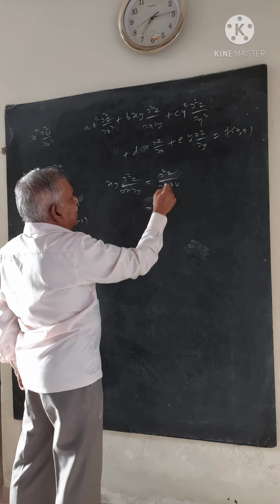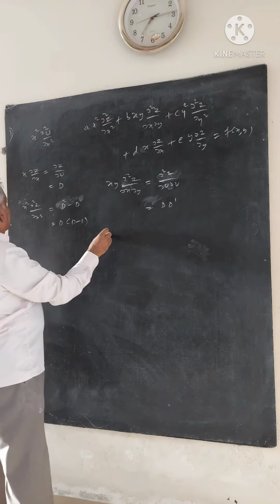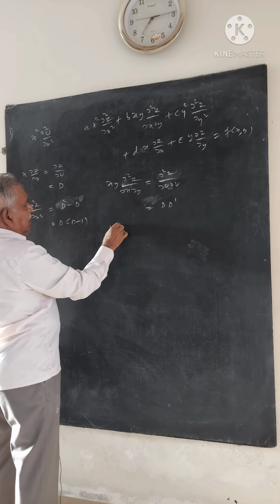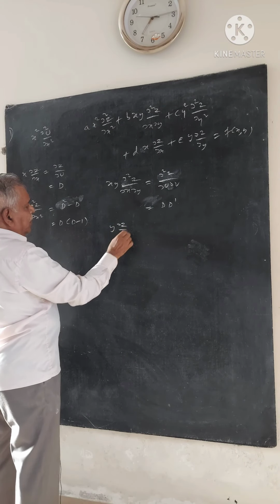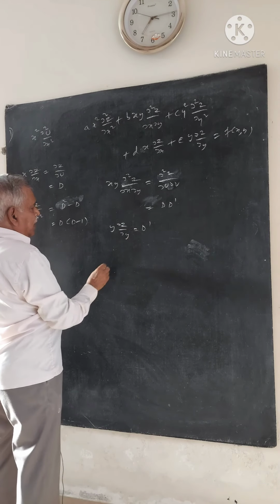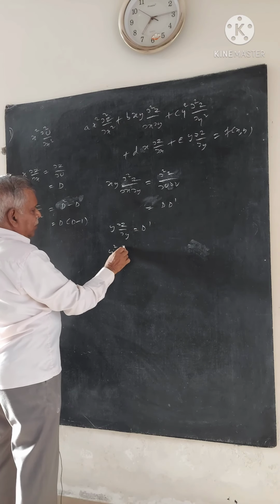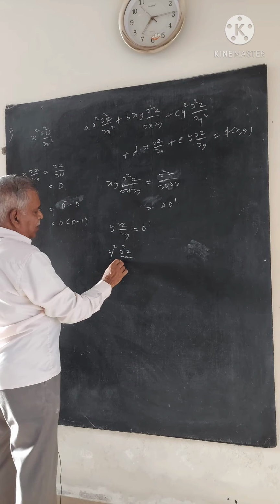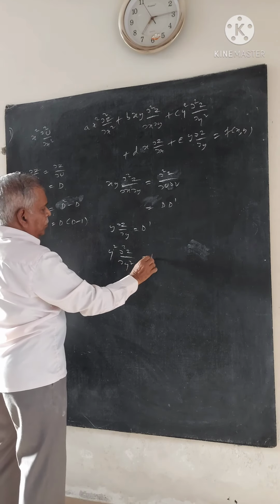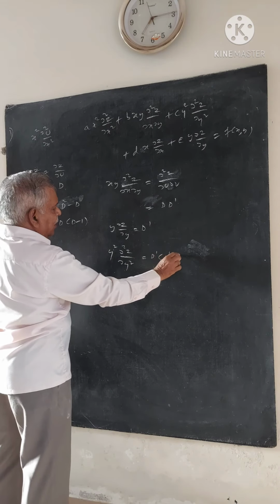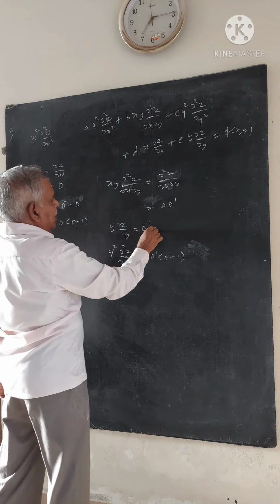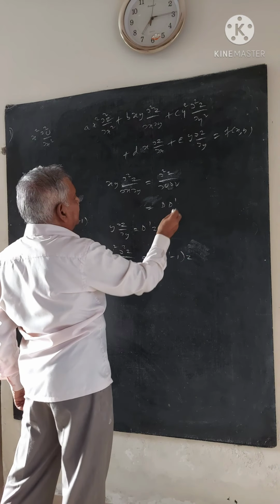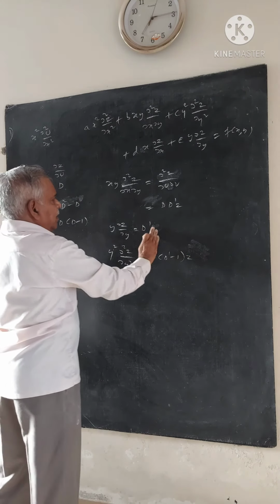We know this already from the homogeneous case. Similarly, y ∂z/∂y = D' z, and y² ∂²z/∂y² = D'(D' − 1). You can write it either way.